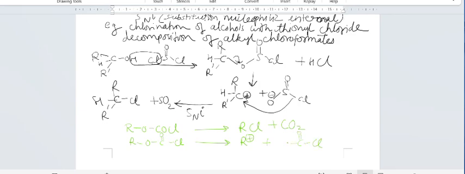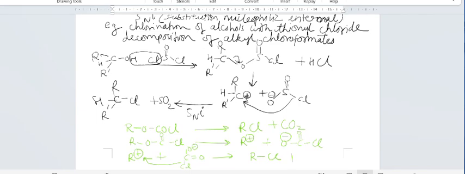Then there is the carbonium ion here. This is the leaving group, the negatively charged group, and part of it, chlorine, will attack the substrate, and then RCl will be formed and CO2 will be produced.